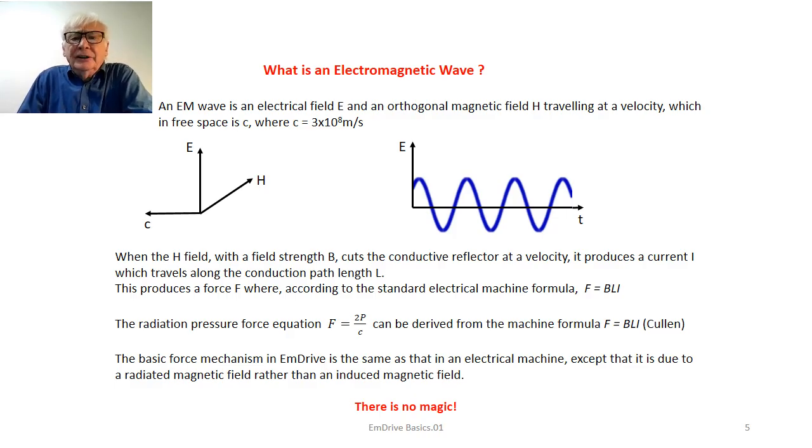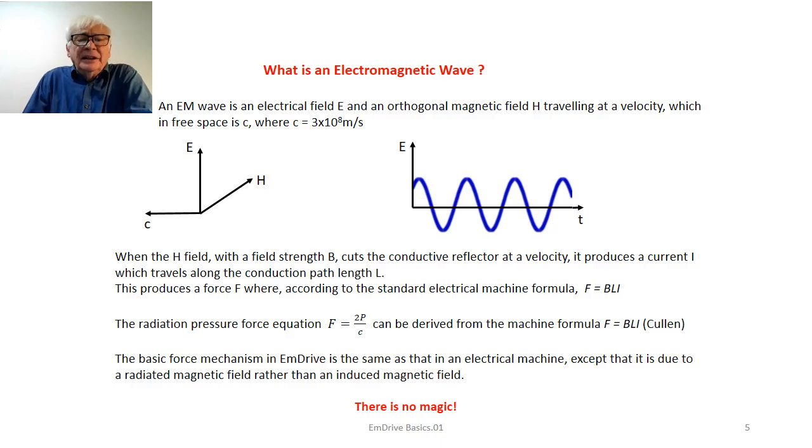And these two fields, which vary in time, also vary in space because they are traveling at a velocity which in free space is c, where c equals 3 times 10 to the 8th meters per second, the speed of light.